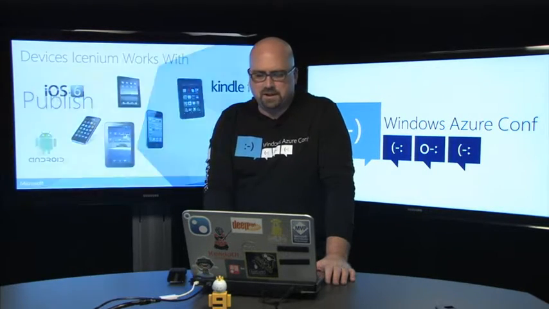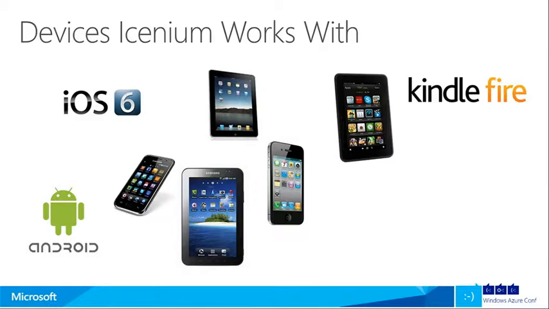So with this, let's go back and take a look at what we have left in our presentation. We talked about publishing. Here are all of the devices that Icenium will work against. We can get access to the iPhones, iPads, and pure Android devices.